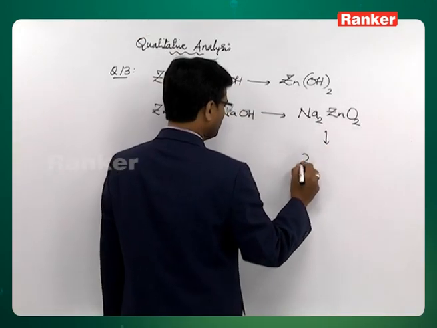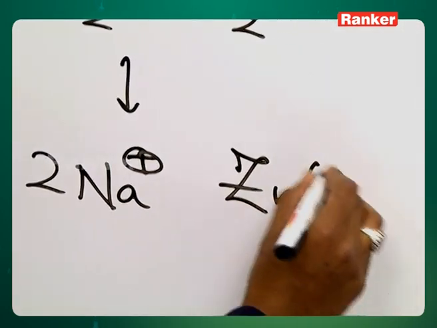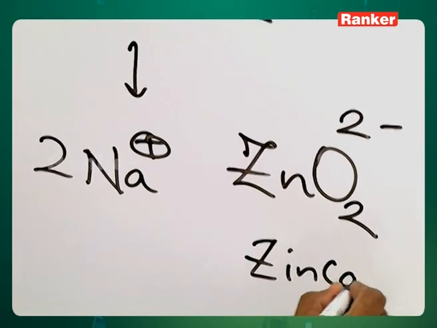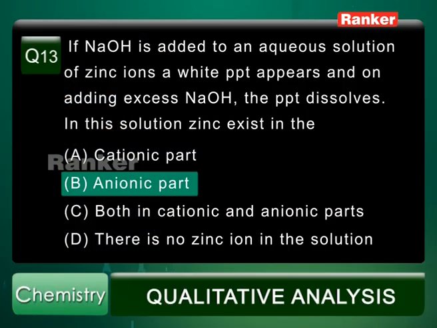This consists of 2 Na+ and ZnO2 2-. This is zincate. So zinc is present in the anionic part. So the correct answer is therefore B option. Zinc is present in the anionic part of the substance.